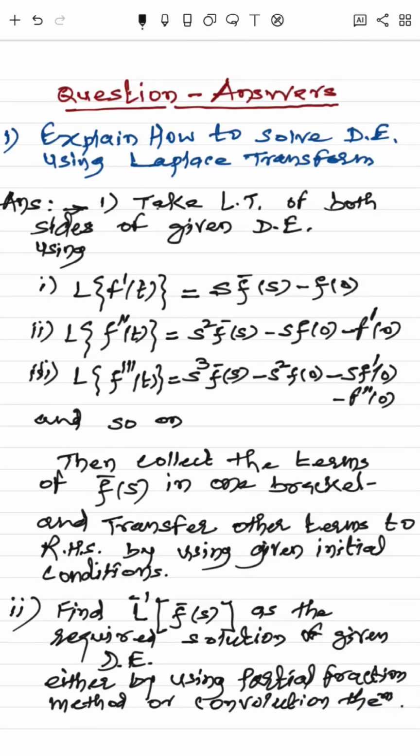Therefore, these are the steps to solve differential equation using Laplace transform.